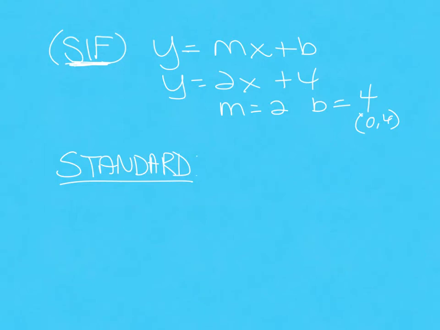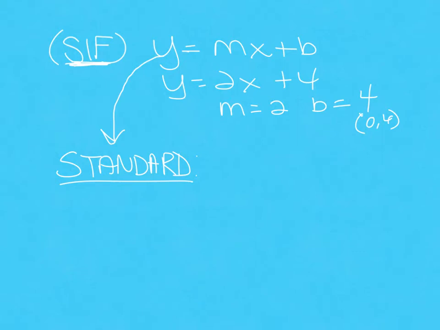So what you need to know how to do is convert slope-intercept form to standard. Because you're doing most of your work in slope-intercept form, and it's easy to identify and graph with slope-intercept form, you need to know how to change it to standard, or standard to slope-intercept.